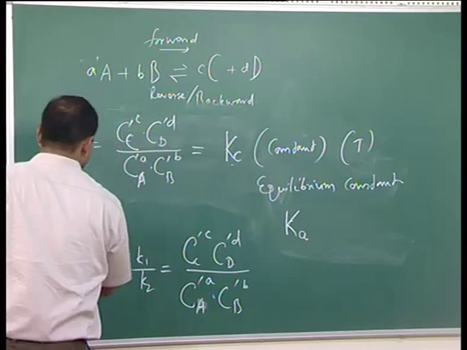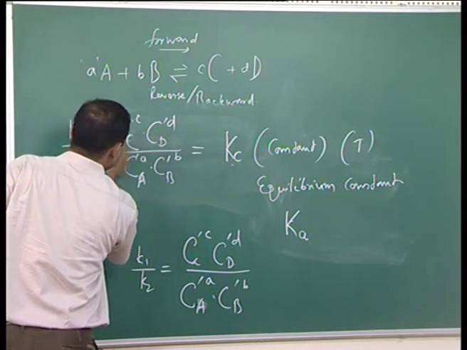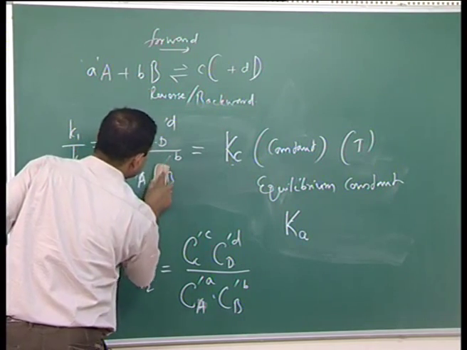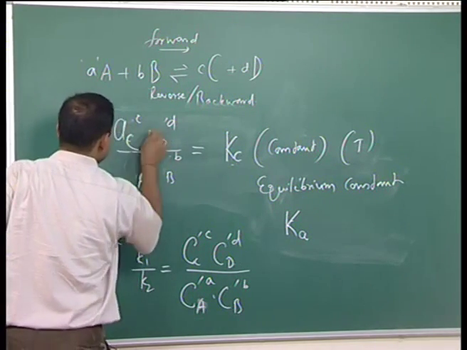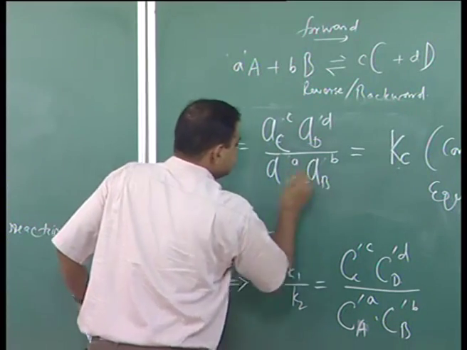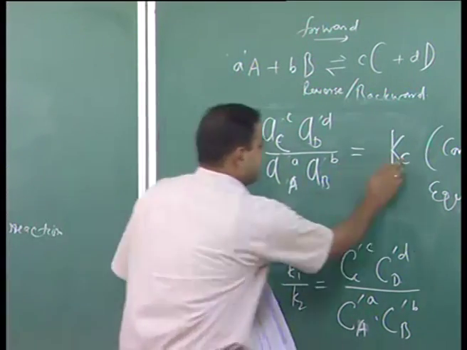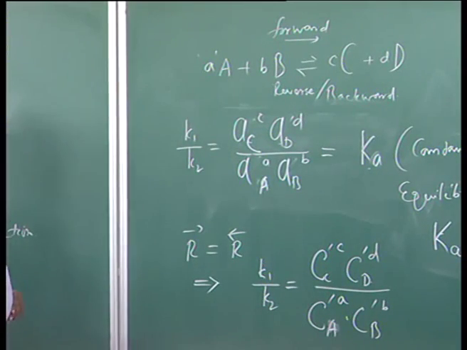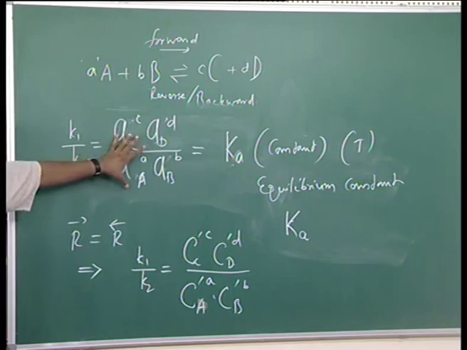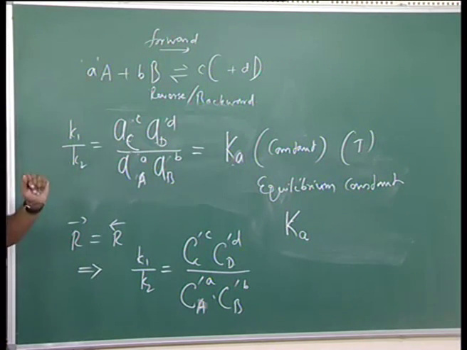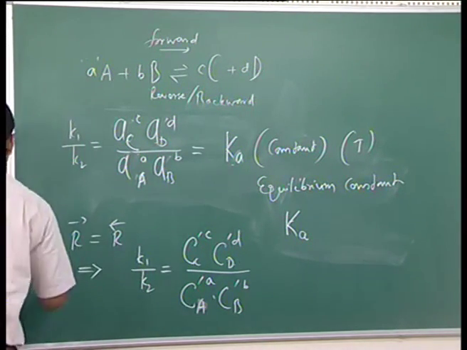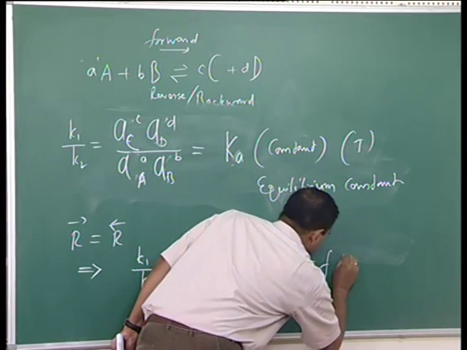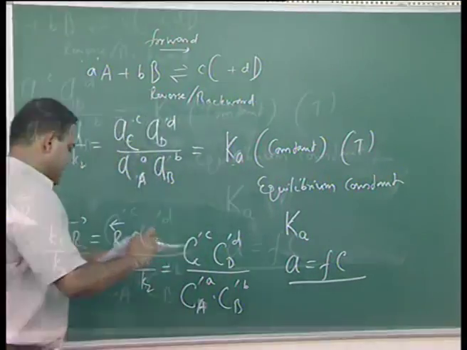Now instead of C, if you replace it by A, this will change from C to A, which is again an equilibrium constant, but the active masses are considered in terms of activity, and activity and concentration are related according to this formula.